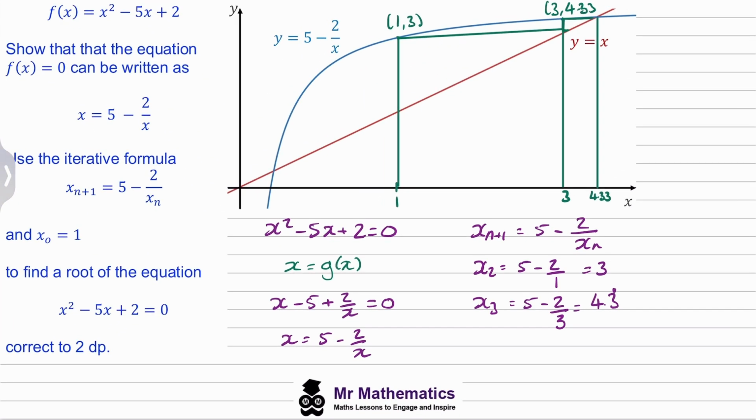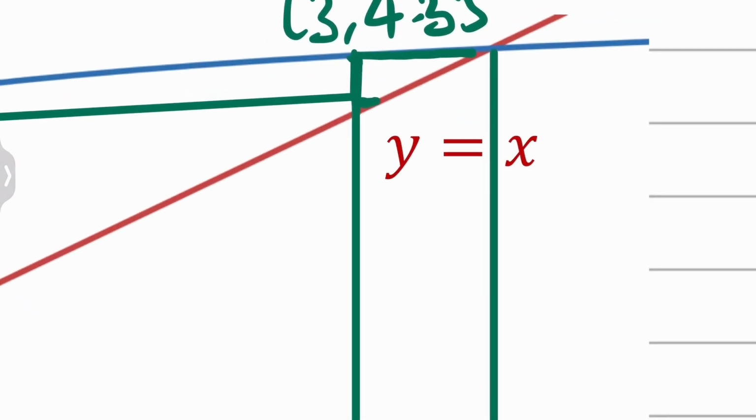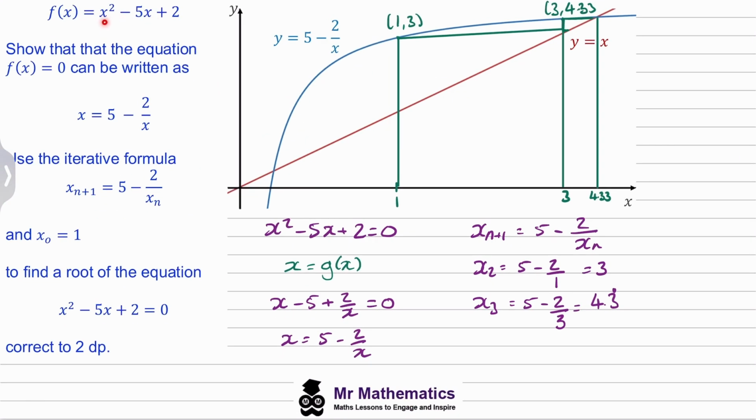And you can see, as we try more iterations, we're getting closer and closer to this intersection, which is the root of the original equation. So x4 will be 5 minus 2 over 4.3 recurring, and this will give us approximately 4.54 to 2 decimal places.